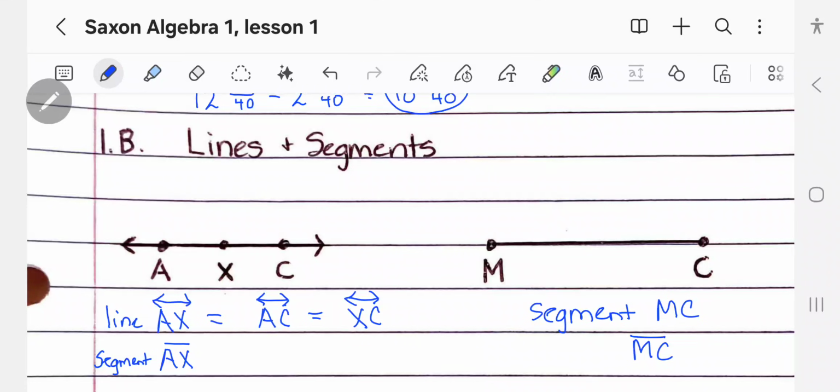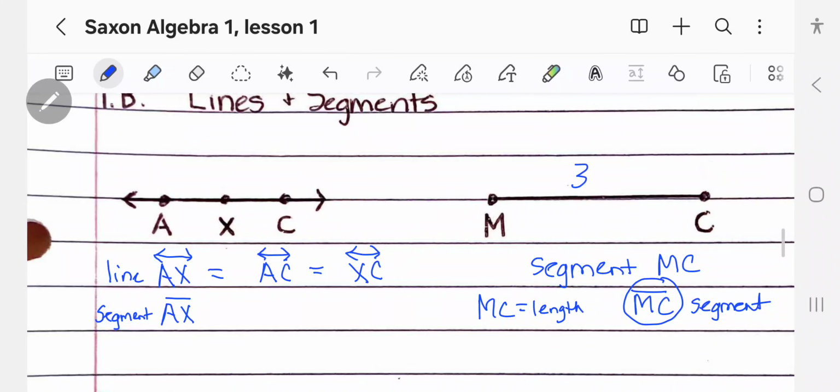Okay, a segment. And it talks about it being in the lesson. If you read it, it talks about the length of it. They will often write MC, meaning the length of MC, and they'll write it like this with the bar over it when they're meaning the actual segment. Okay, so maybe MC measures 3, so they would say MC is equal to 3, the measurement of MC.